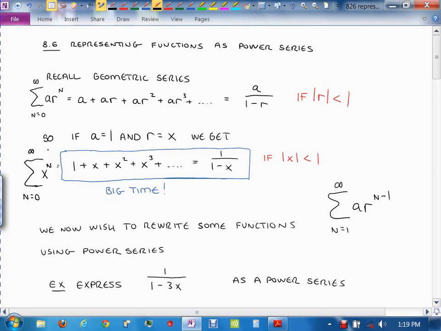Let's do one. I would like for us to express this as a power series. I'll rewrite everything. Let's call this example 1, okay? Express 1 over 1 minus 3x as a power series.